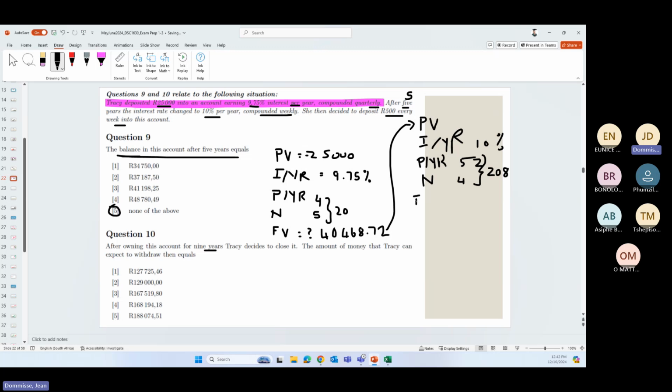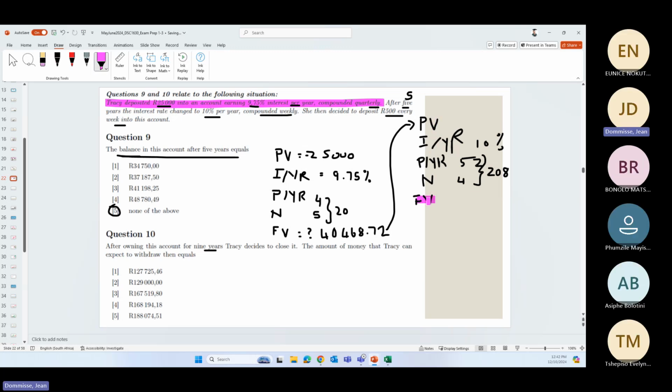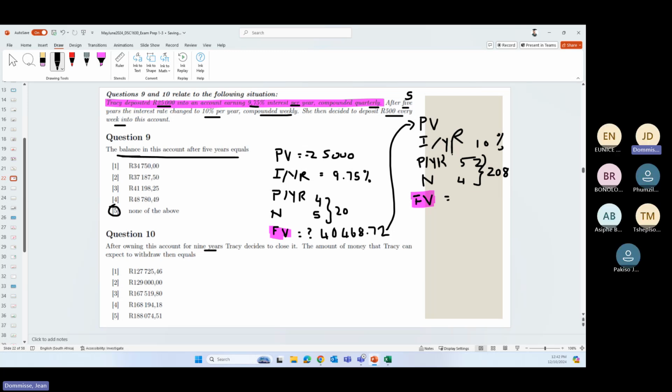Okay, so let's see then just for that purple component, what our future value will be after 9 years. We had the 4468.72, so that now becomes your present value. I'm not going to add that 500 now. I'm going to do it separately.